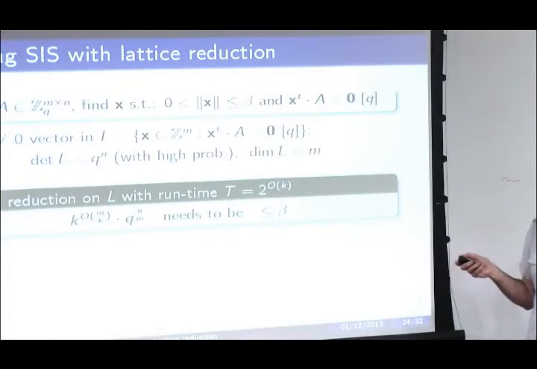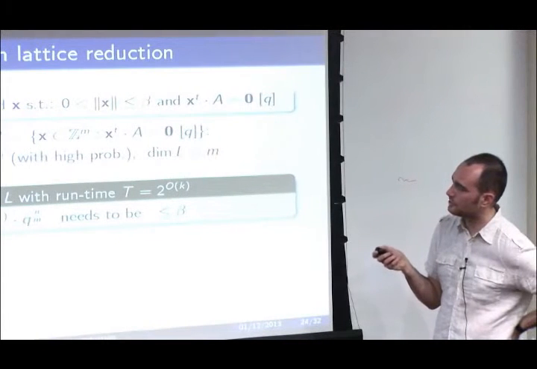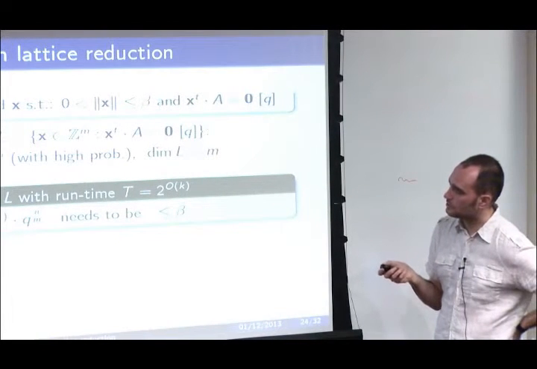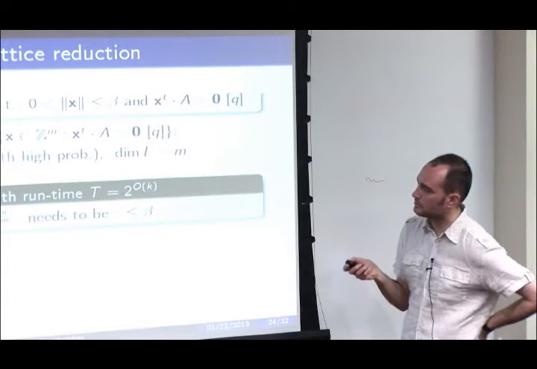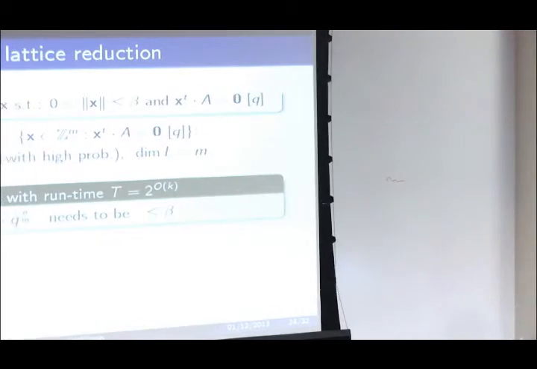Now the question is, I want to apply lattice reduction on this lattice L to find a short non-zero vector x in L. If its norm is smaller than beta, then I have a solution to SIS. For this, I can apply the rule of thumb.